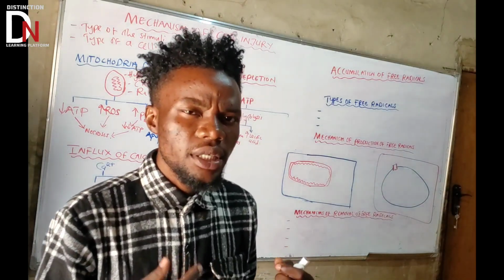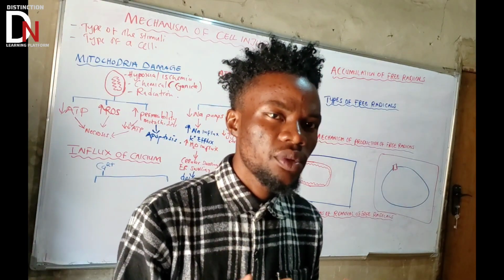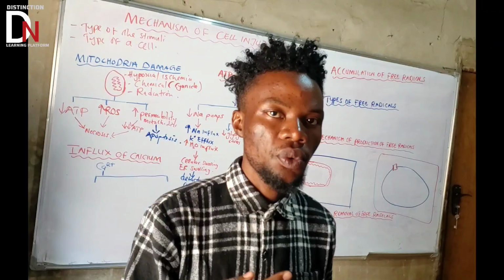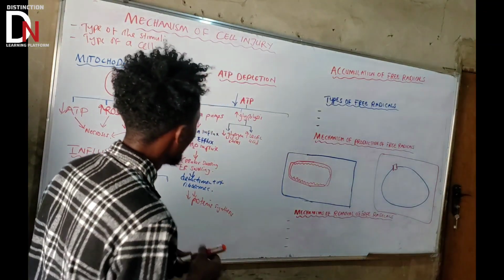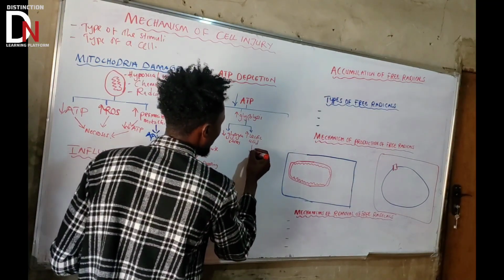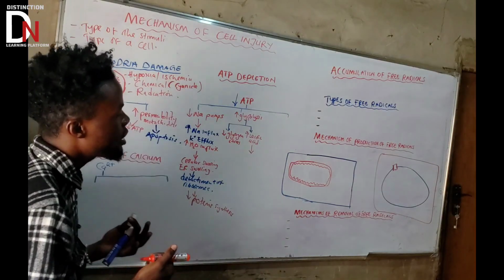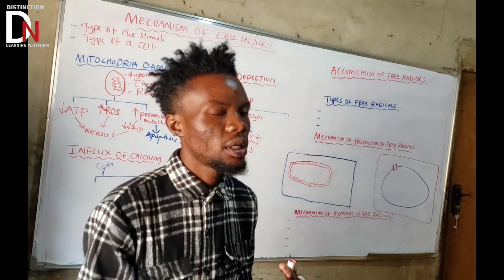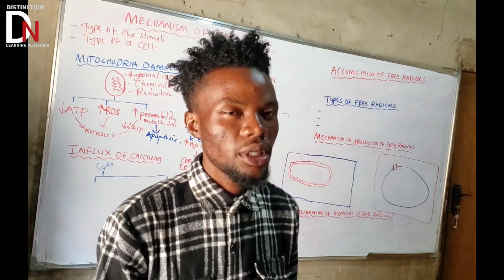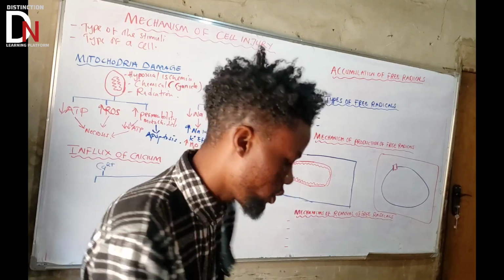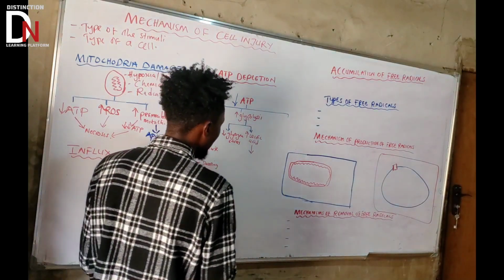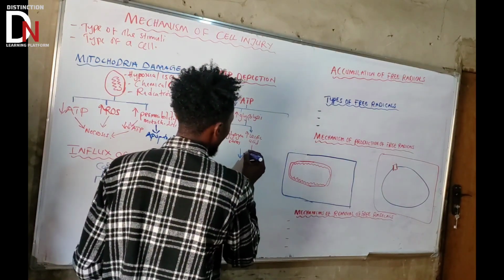If there is an increase in the production of lactic acid, what do you think the intracellular pH will do? Because there is an increase in lactic acid, it's going to decrease the intracellular pH.